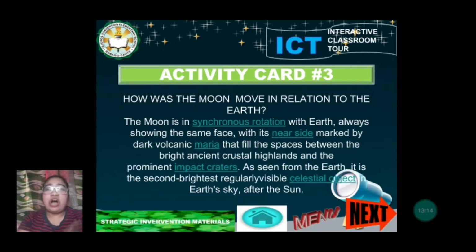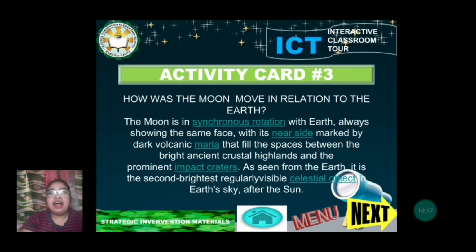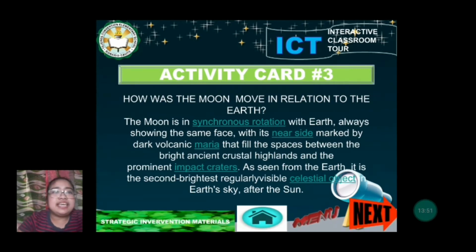So, for activity card number 3, how does the moon move in relation to the earth? The moon is in synchronous rotation with the earth, always showing the same face, its near side, marked by dark volcanic maria that fill the spaces between the bright ancient crustal highlands and the prominent impact craters, as seen from the earth.